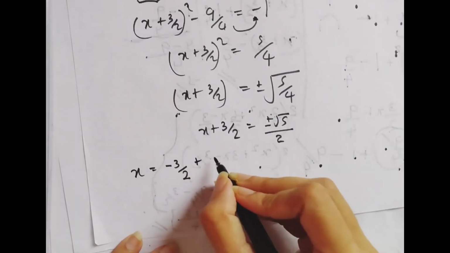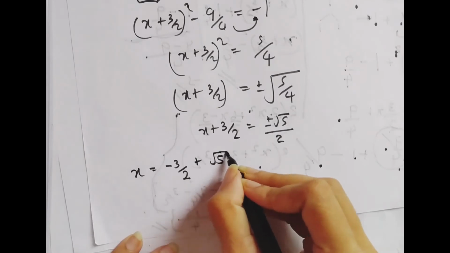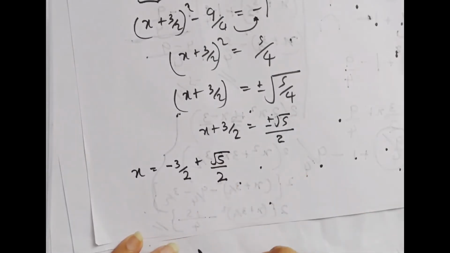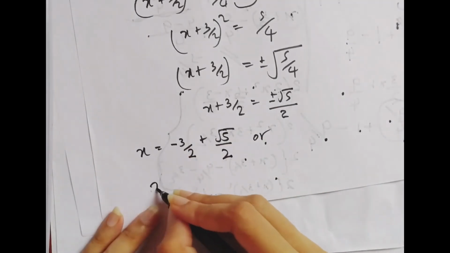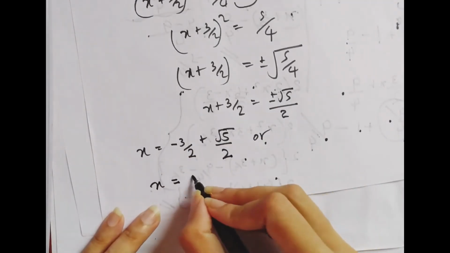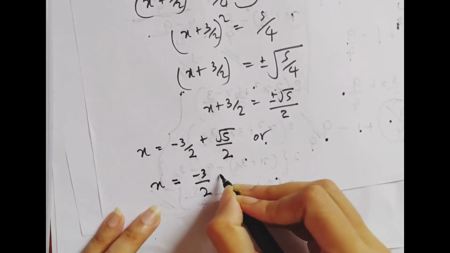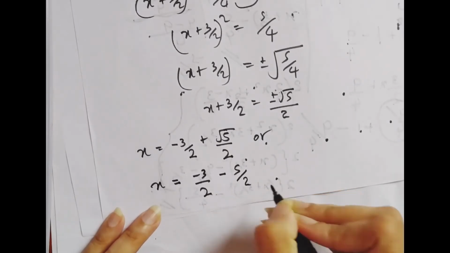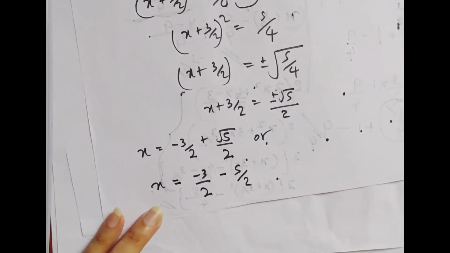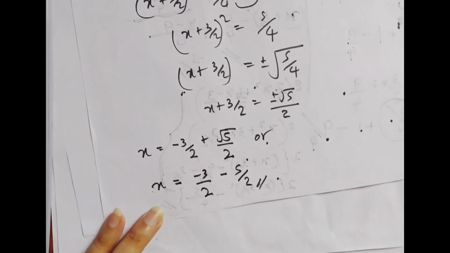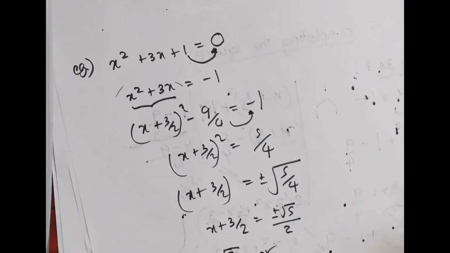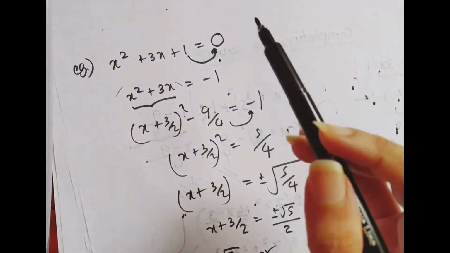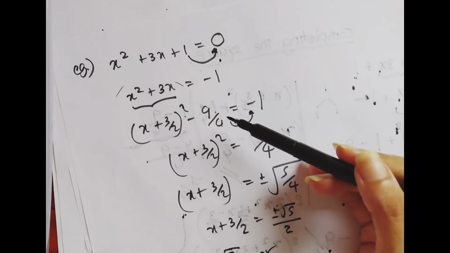So I'll take first plus root 5 over 2, this is one, or else you can say x equals minus 3 over 2 minus root 5 over 2. So this is how you do it. So these are the two answers. So this is how you simplify a quadratic equation which you cannot factorize.